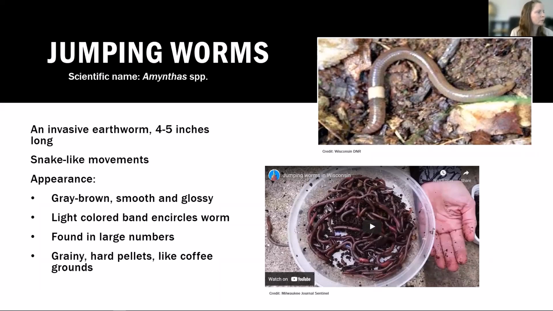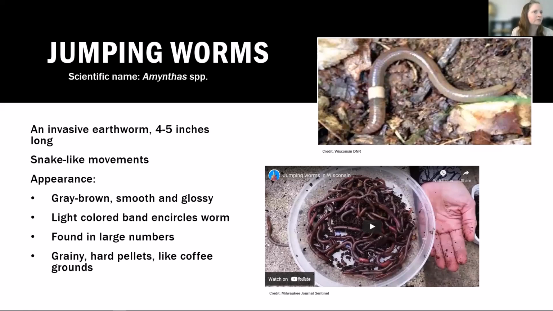They have this gray-brown color, and the clitellum, the white stripe that encircles the body, is light colored, whereas in European earthworms it's not as light colored and is raised, whereas this one is flat and flush to the body and encircles the whole body.